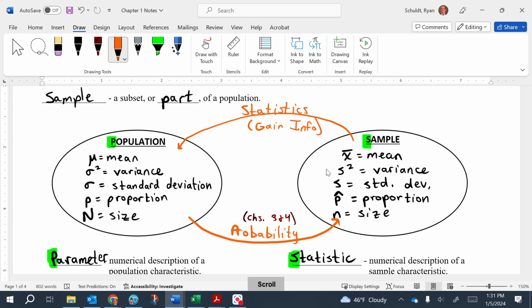Okay, like I said, this is going to be chapters 5 through 9.